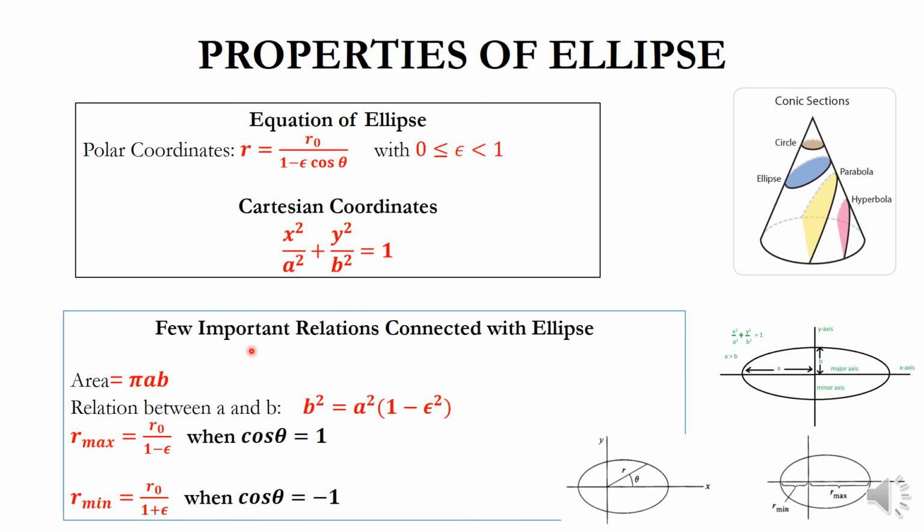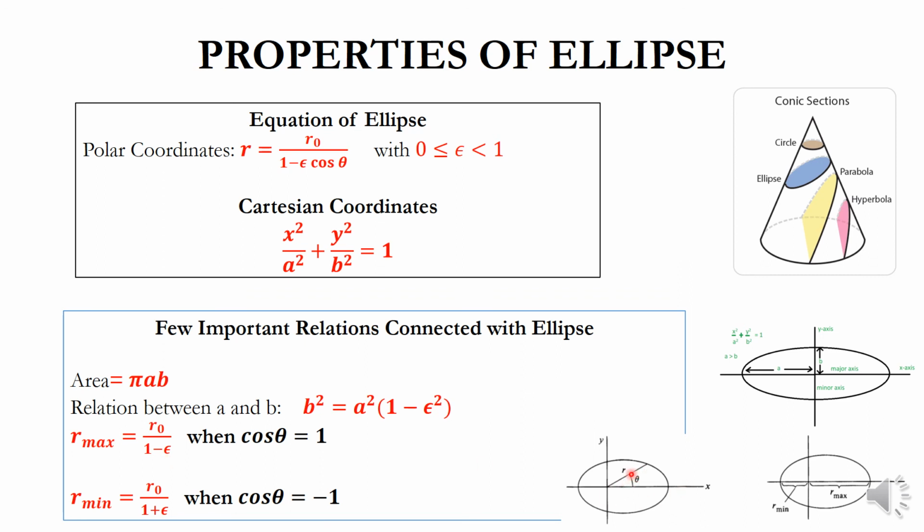And a few important relations connected with the ellipse. The area, as we also mentioned, is pi into a into b, where a is the semi-major axis and b is the semi-minor axis. So this is a, the semi-major axis, and this is b, the semi-minor axis. And R maximum: when cos theta is equal to 1, this R becomes R maximum, that is R0 by 1 minus epsilon.